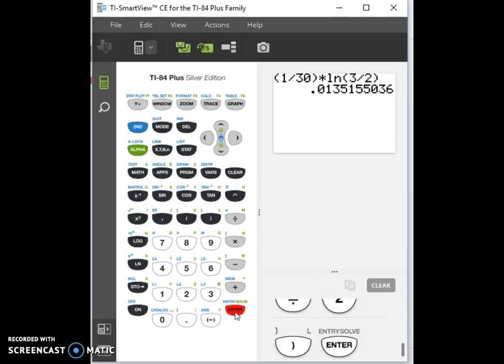And you will get 0.01351555036. Now you can store this number, or you'll just have to type it back into your calculator every time you're plugging this number back into the original equation.